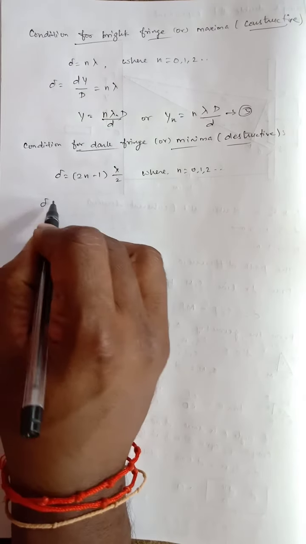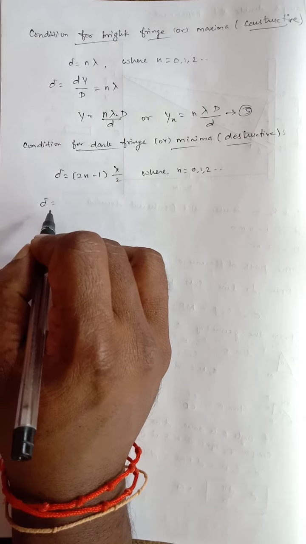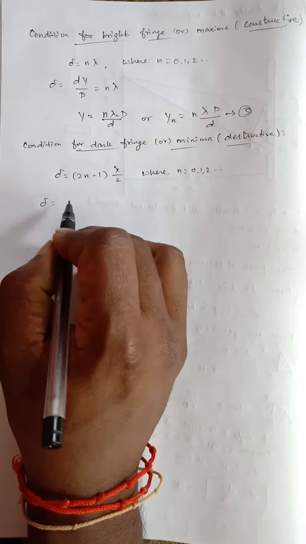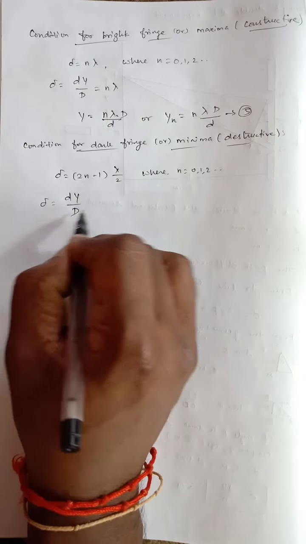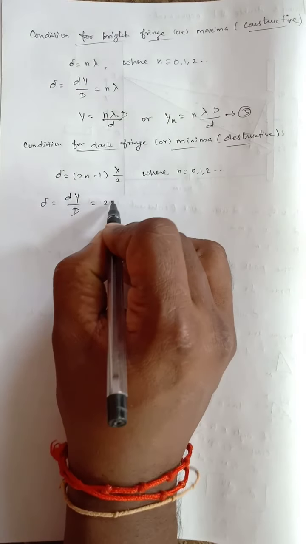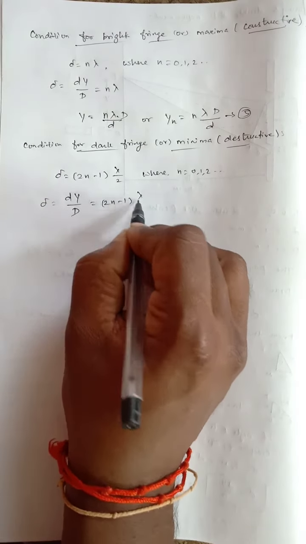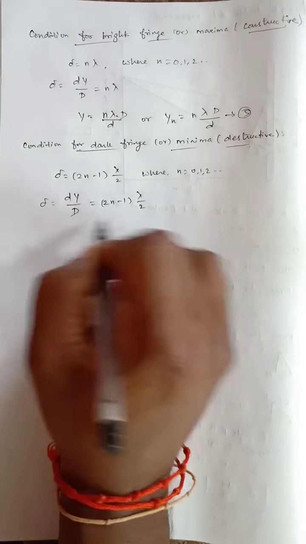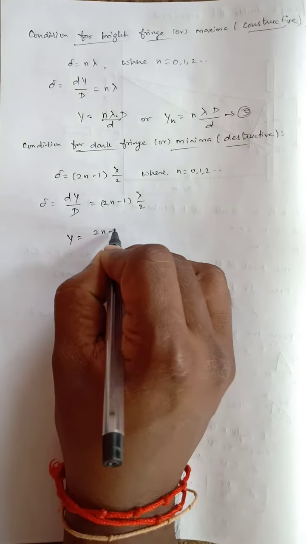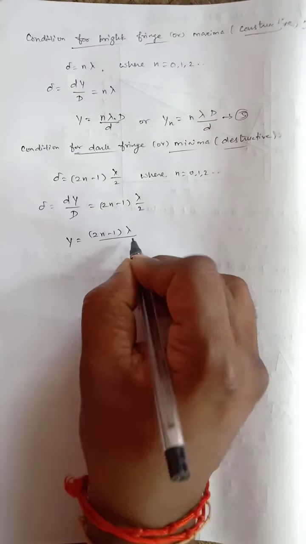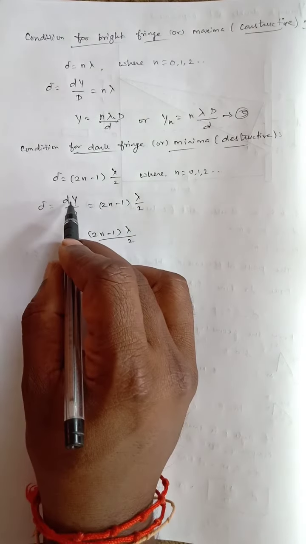Now we have to get y. We write del equal to, the path difference formula we already know, small d y by capital D is equal to (2n minus 1) into lambda by 2. In this relation, y is equal to (2n minus 1) into lambda by 2, multiplied by capital D and divided by small d.